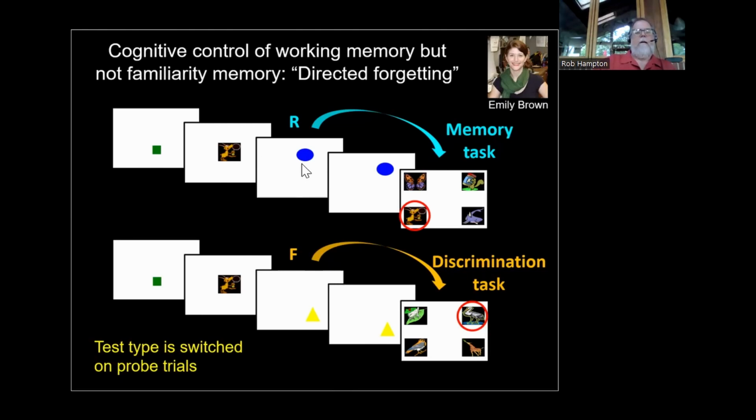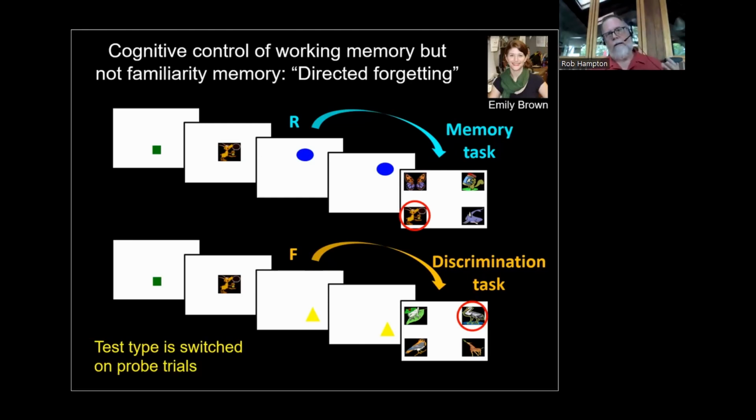So if this blue stimulus is actually directing the animal to remember, then they should do better on a test following this cue than a cue that tells them to forget it, don't worry about it. And then suddenly you give them a memory test and they've already relaxed and stopped holding it in mind.